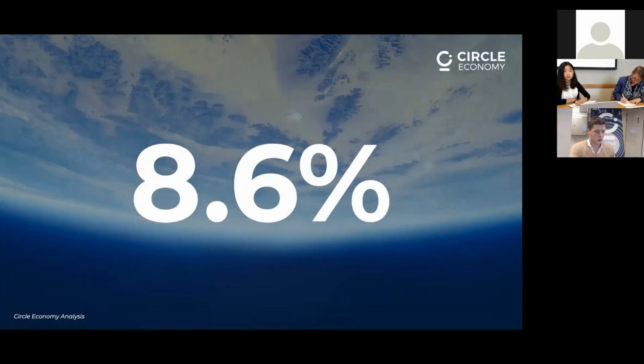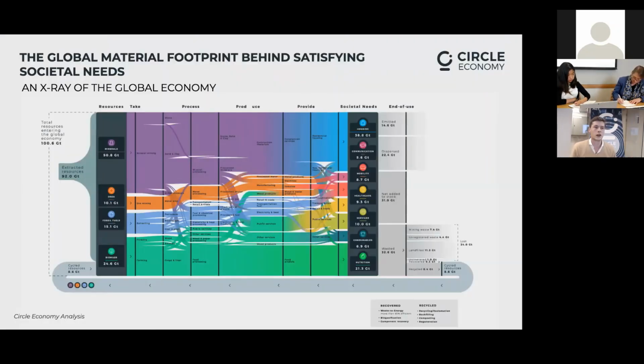There's some reasons for it, which I'll try to explain now when we start looking a bit closer at how we can understand the way our global economy works on a material level. And if you look at this Sankey diagram, what you can see on the left-hand side is how materials are extracted, and these can be categorized into minerals, ores, fossil fuels, and biomass resources.